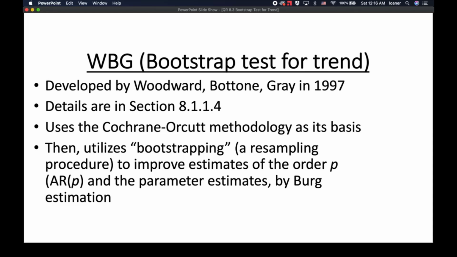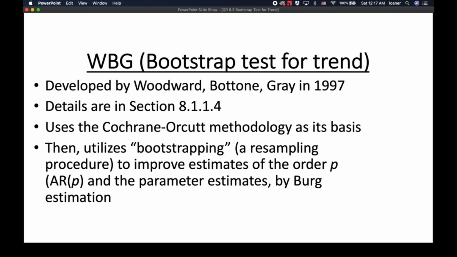And the good news is its basis is really the Cochrane-Orcutt methodology, and I went into detail on that in the last video. It just has an extra little step, and that extra step is the bootstrapping step. Bootstrapping is a resampling procedure that is often used to improve estimates of the order p and the parameter estimates by Burg estimation. Burg estimation is used because of all these resampling iterations.